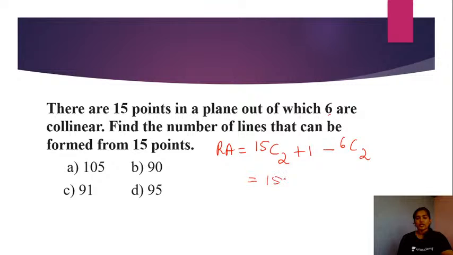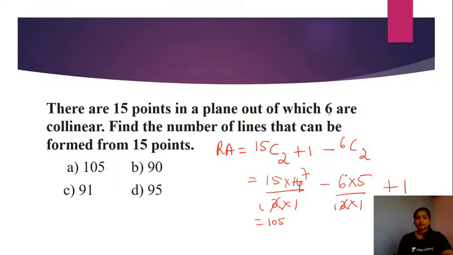This would be 15 into 14 divided by 2 into 1 minus 6 into 5 divided by 2 into 1 and plus 1. So this is going to be 105 minus 15 and plus 1. Am I correct? So the right answer here is 91. So option C will be the right answer for this question.